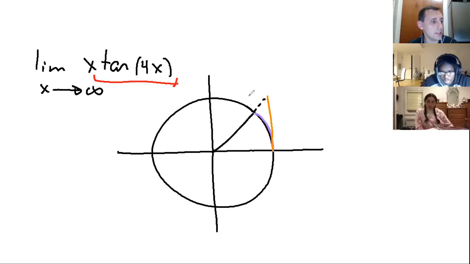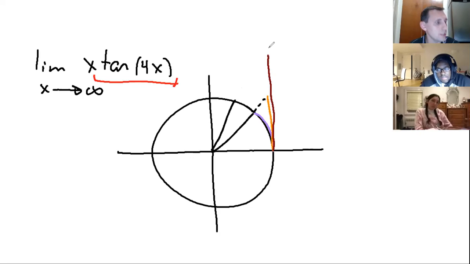Now this line, of course, if I move it a bit further here, then what will tangent be? Tangent will grow enormously. It would be somewhere here. Actually farther, right? You see that? That's the tangent, yes, guys?